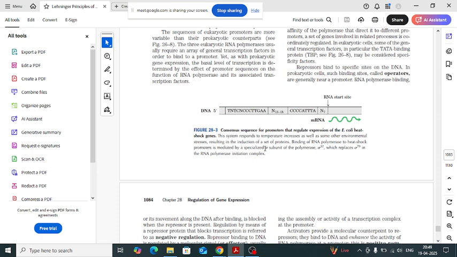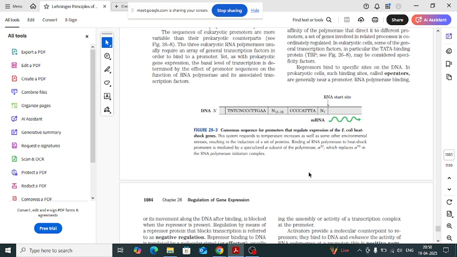Here you can see, the binding of RNA polymerase to the heat shock protein promoter is mediated by a specialized sigma subunit, as we saw in our last session, that there is a sigma factor. In prokaryotes, the sigma factor dictates the RNA polymerase to find its binding site in the promoter. Without sigma factor, RNA polymerase cannot be recruited to the chromosome.